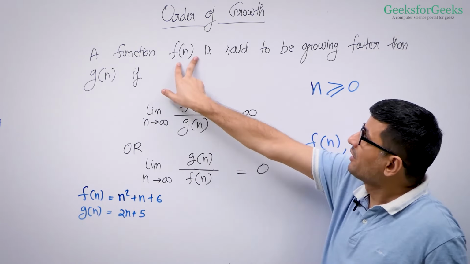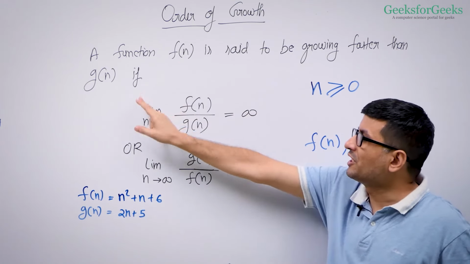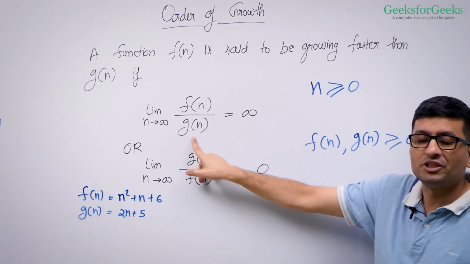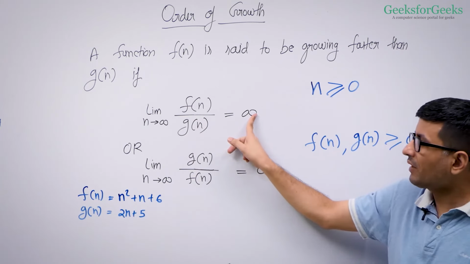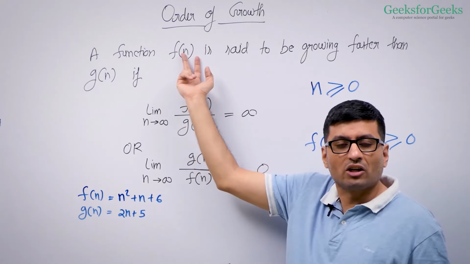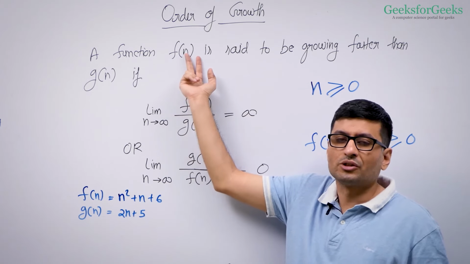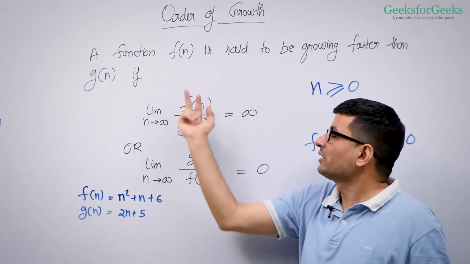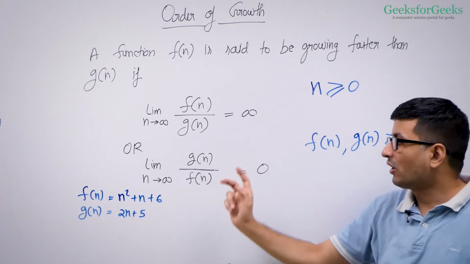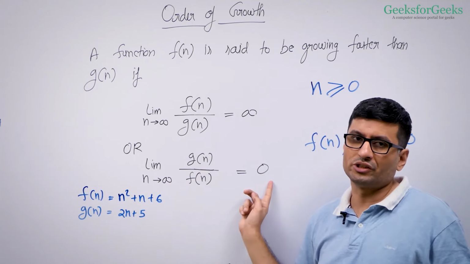So F(n) is said to have a higher order of growth than G(n) if, as n tends to infinity, F(n) divided by G(n) becomes infinite. Higher order of growth means we say the algorithm whose time is represented by F(n) is a bad algorithm, right? So if F(n) represents a bad algorithm, then F(n) by G(n) for n tends to infinity would be infinite, or G(n) by F(n) for n tends to infinity is going to be 0.